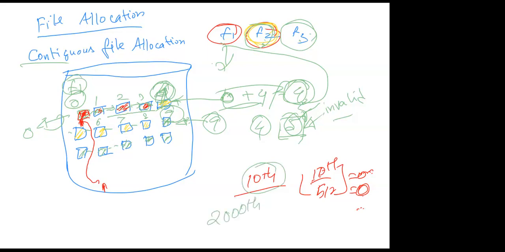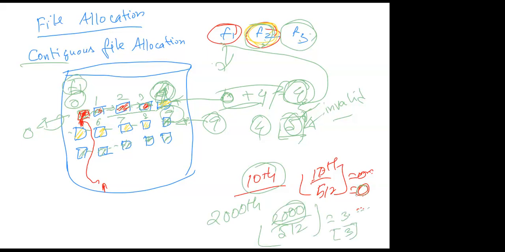Then what do we do? 2000 divided by 512 gives 3 point something. So you get logical block number 3 for byte 2000.